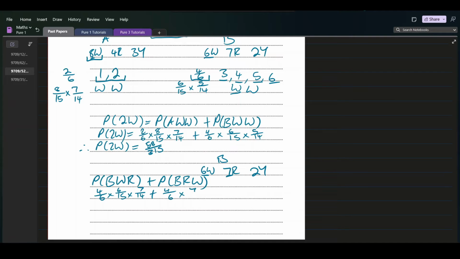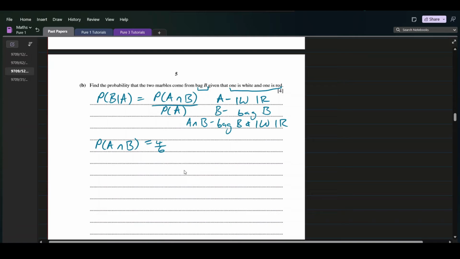So red is 7 out of 15. Now we have a total of 14 marbles left, and we want to pick a white, that's 6 out of 14. So if you punch this into your calculator, you should get 4 over 15. So let's go down here. We can erase this.